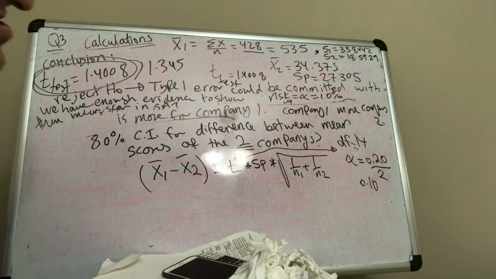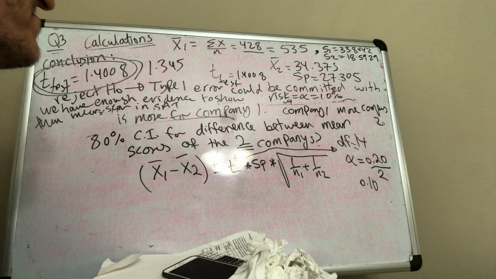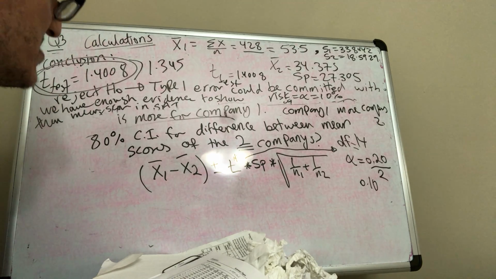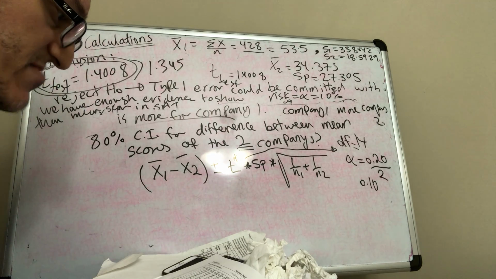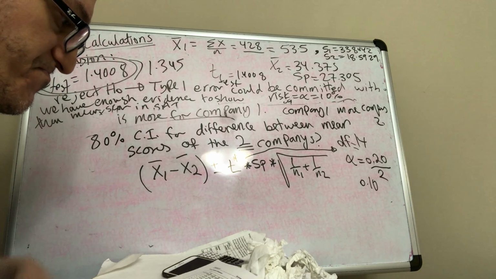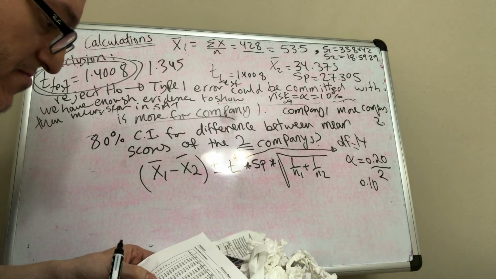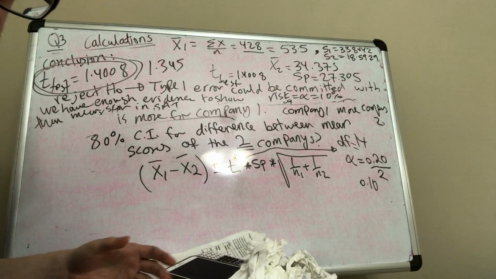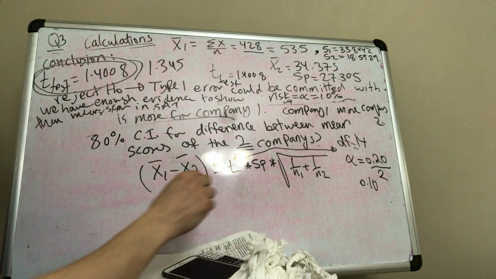So your alpha is 10%. You go to your t table, degrees of freedom 14 with 10%. It's 1.345, the same number we got from the previous one.